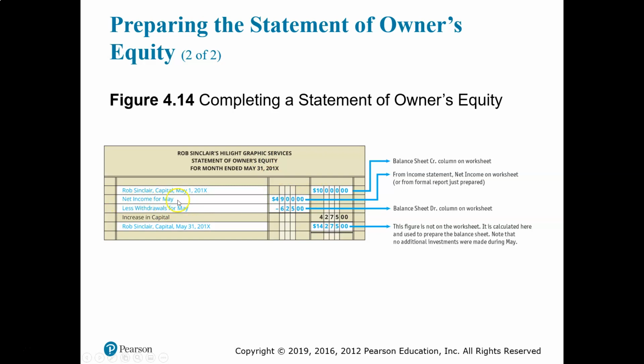We add our net income, which comes from your income statement, less withdrawals for May. So our increase in capital is your net income minus your withdrawals, and then your ending capital is your beginning capital plus your increase in capital.